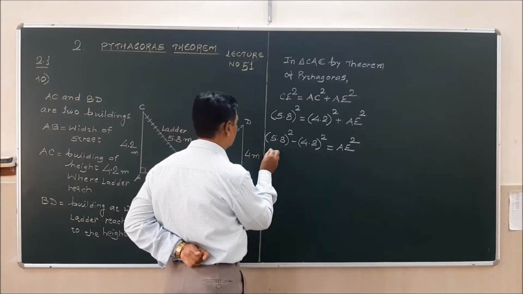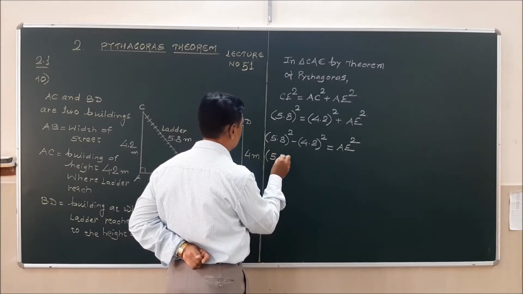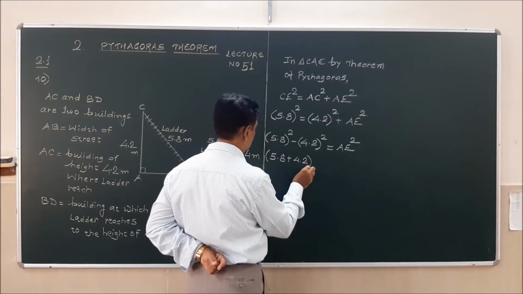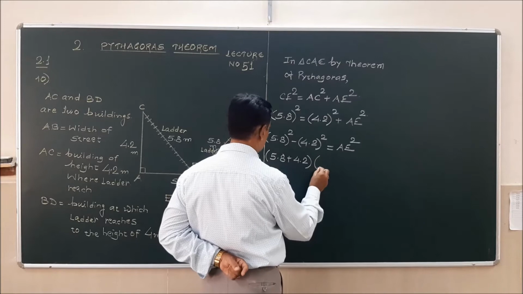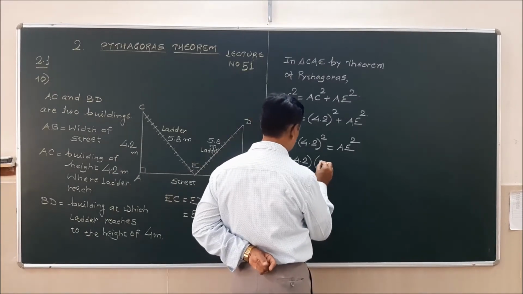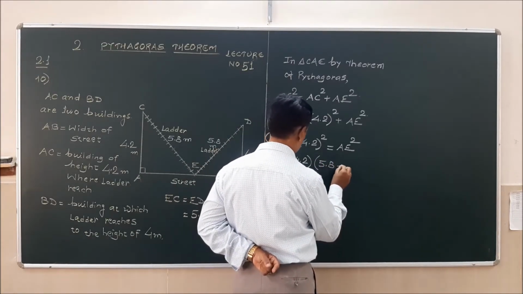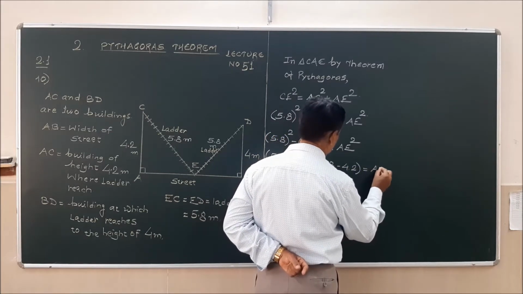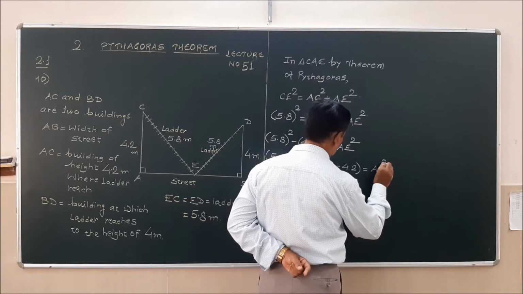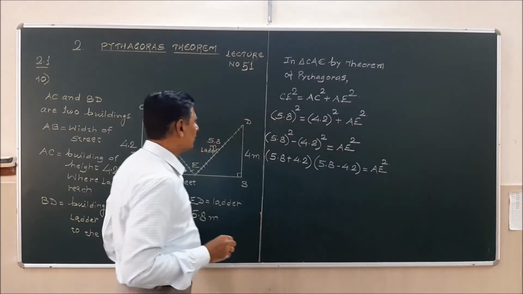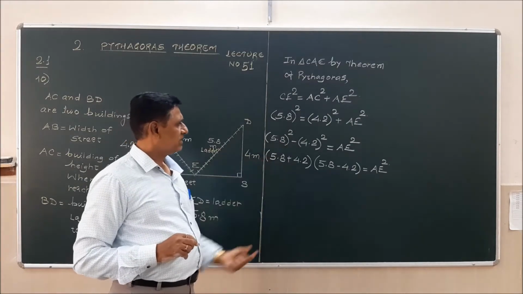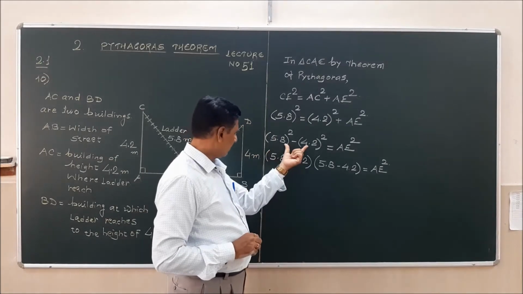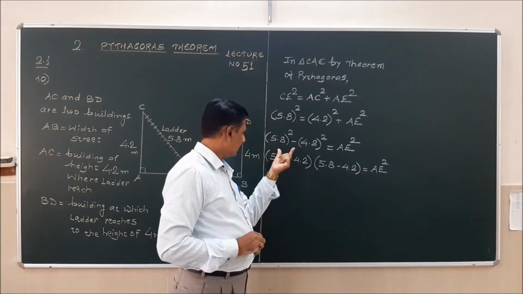I prefer to use the formula A plus B, A minus B. So you will notice A square minus B square. I have to find out A square. So A minus B here and here A plus B.